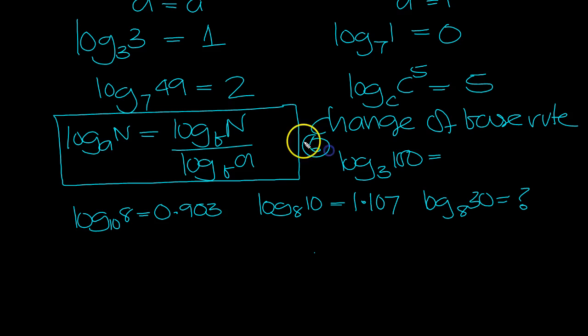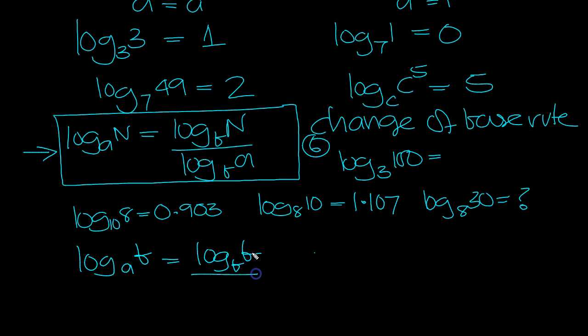But this change of base formula, which I'm not going to prove, is just something for reference. Because we've got this functionality in our calculator, we don't really need it. But if you put n as b in this formula, you can write log a of b as log b of b over log b of a.